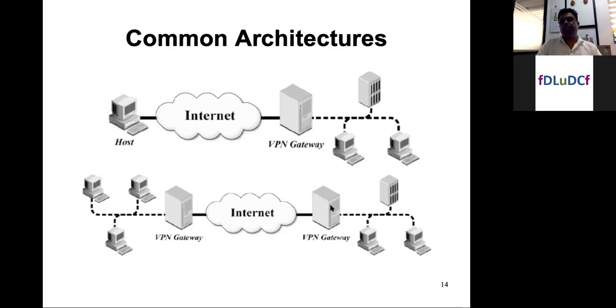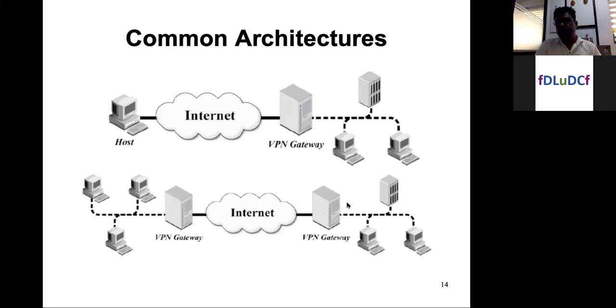When that packet reaches the other gateway, it removes the encryption, because this gateway has access to the IPsec security keys. It removes the encryption and gets access to the original IP packet.